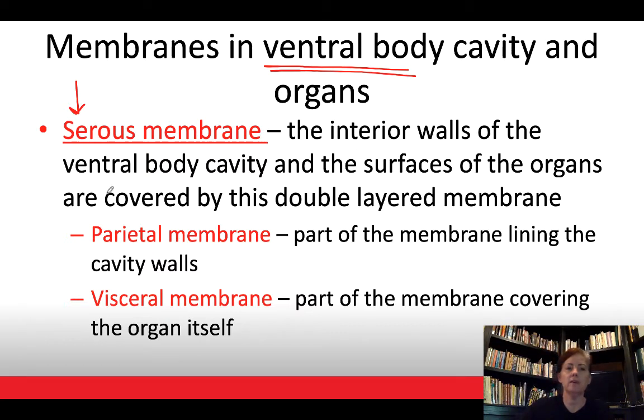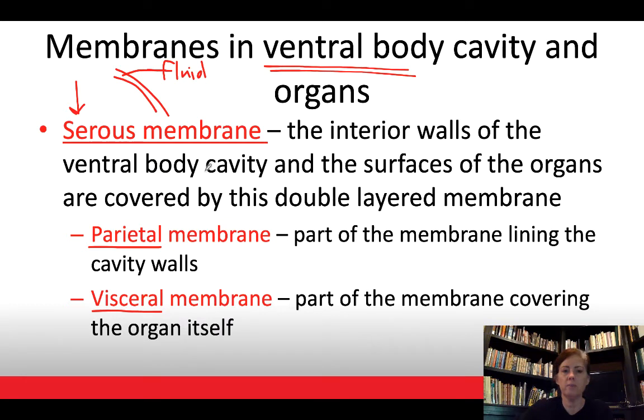So it's basically going to be a membrane with 2 layers, and then it's actually got fluid in between those 2 layers. And that's kind of the hallmark of a serous membrane. So the 2 layers are called the parietal layer and the visceral layer.